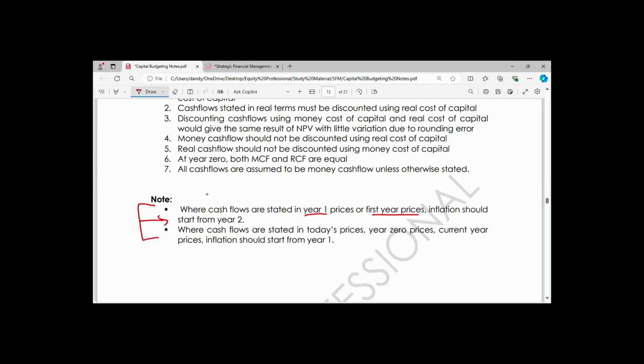Because the examiner has mentioned current value terms, you should know that it is a real cash flow. The examiner can also tell you that variable cost in the first year is 1,000 naira. Since the examiner has mentioned first year, it is in first year prices, which represent real cash flow, so I need to inflate it. So these are the things you need to take into consideration. Okay, so that's that.